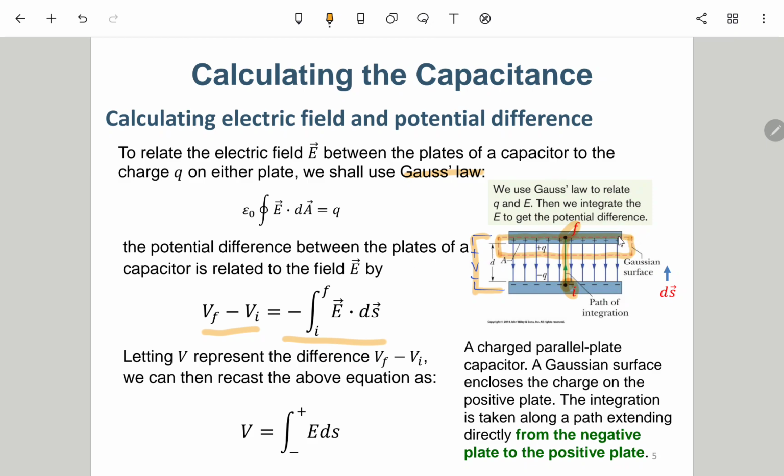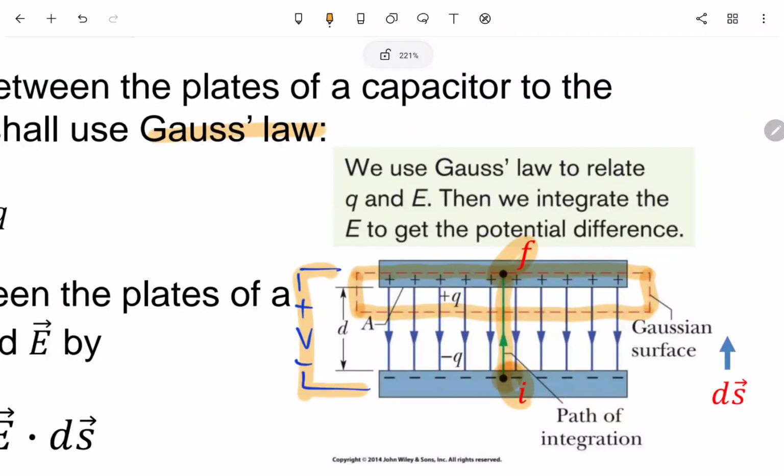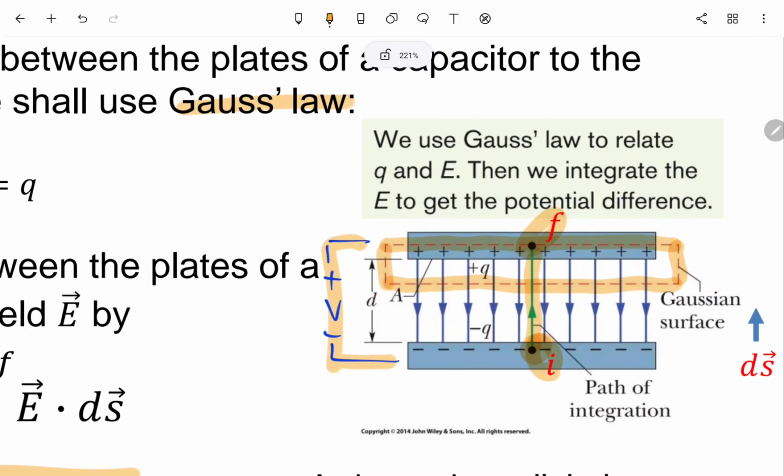And also we will apply Gauss's law for this Gaussian surface. At the beginning, Gauss's law is nothing but this. And just now we mentioned that the positive charge will be at the bottom surface of the top plate.